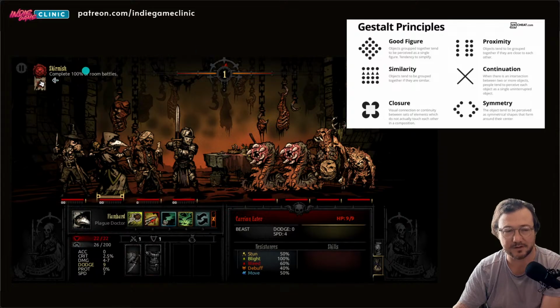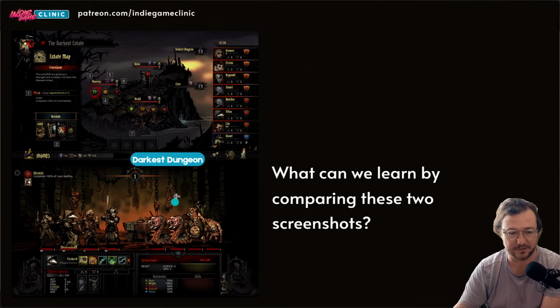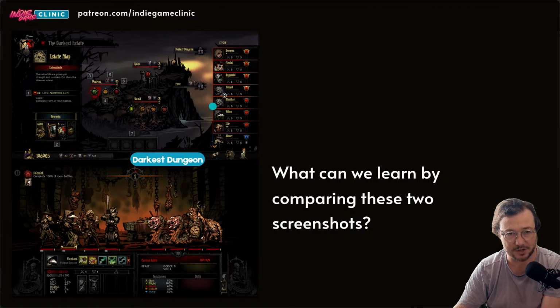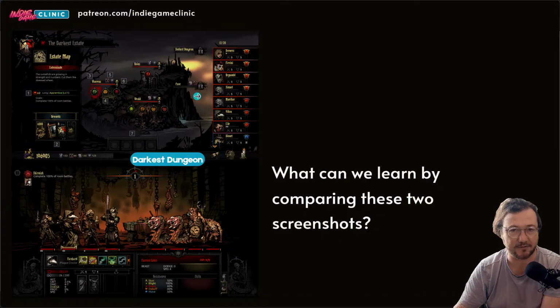But you can see, Darkest Dungeon is a game that is all interface, and you can pick it apart for hours with this stuff. One of the things I find interesting is, if you look at managing your party outside of a mission and then within a mission, relatively little actually carries across.